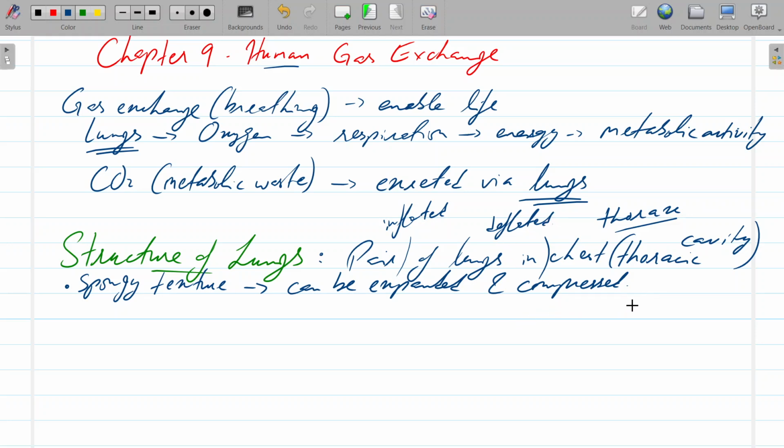So they can be expanded and compressed, but that happens through the movement of muscles and the bones. They expand while inhaling, yes.